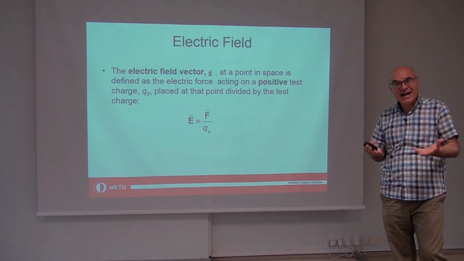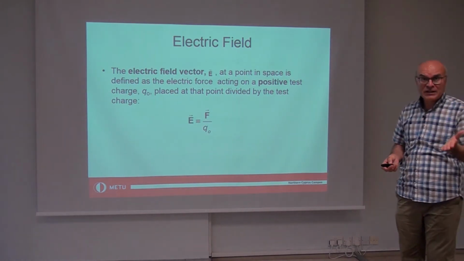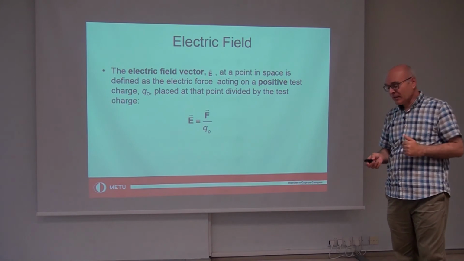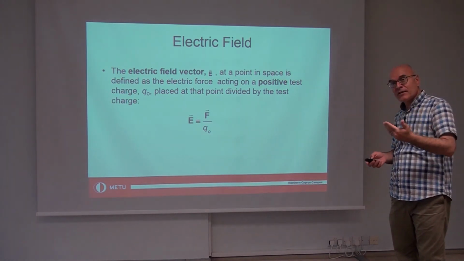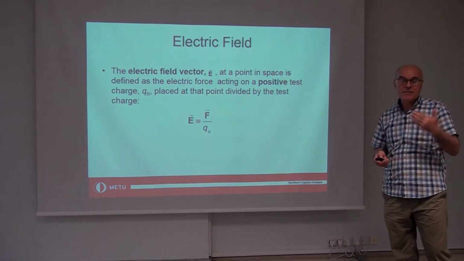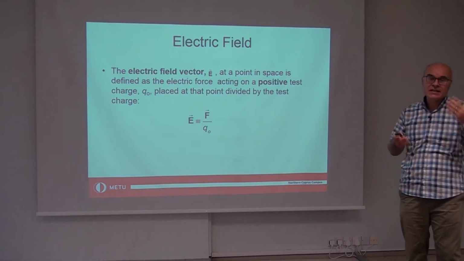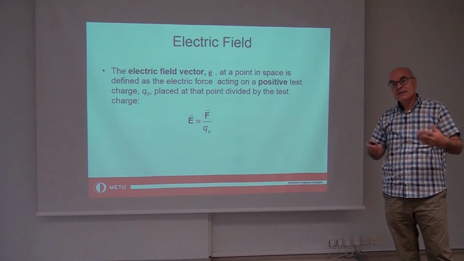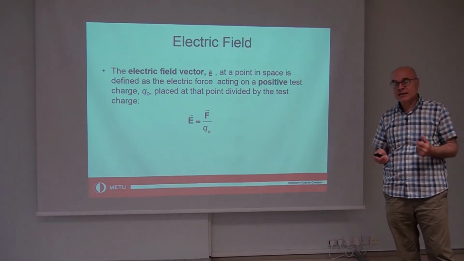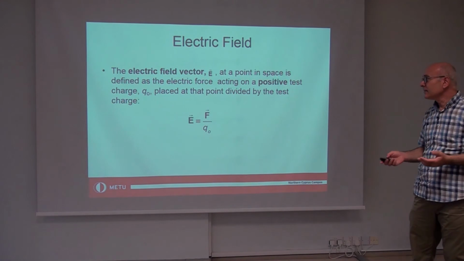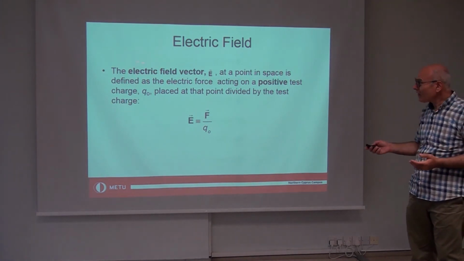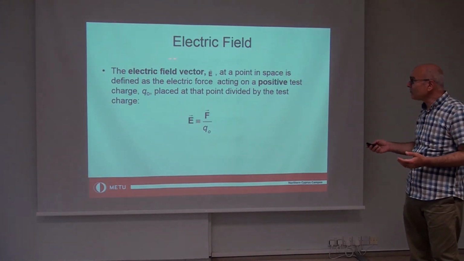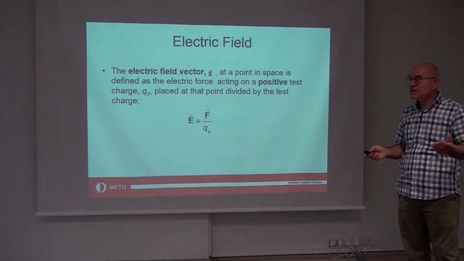So how do we define it? First of all, it is a vector, as we have just seen. So we must find a way of fixing its magnitude and its direction at all points in the space surrounding the source that created this electric field. And how do we do that? Well, that is how we find the electric field vector at different points in space.